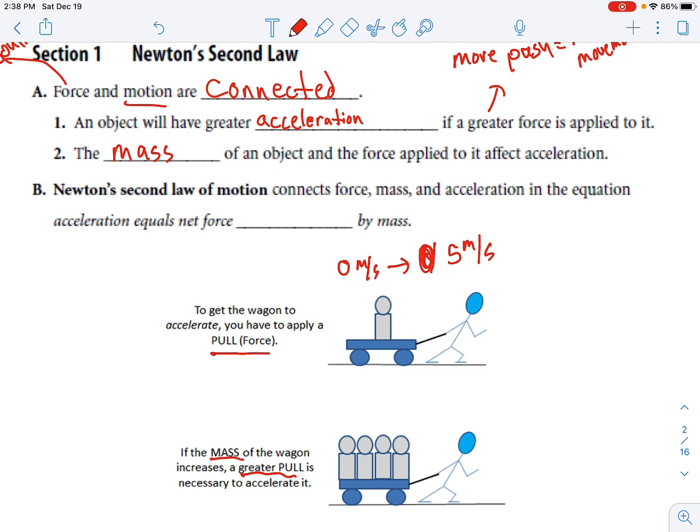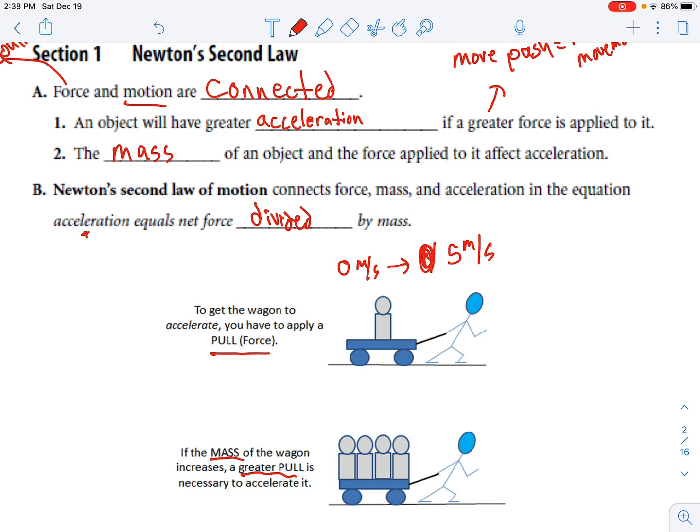Mass is a big part of how much pushing or pulling we need and how fast that object is going to move. Newton's second law of motion has an equation. Acceleration, how quickly something is changing its speed, equals net force divided by mass.